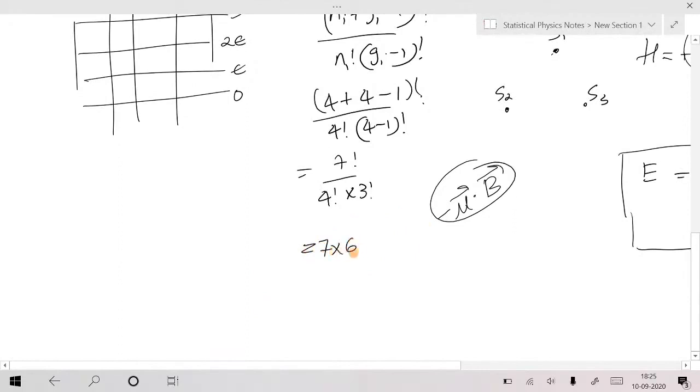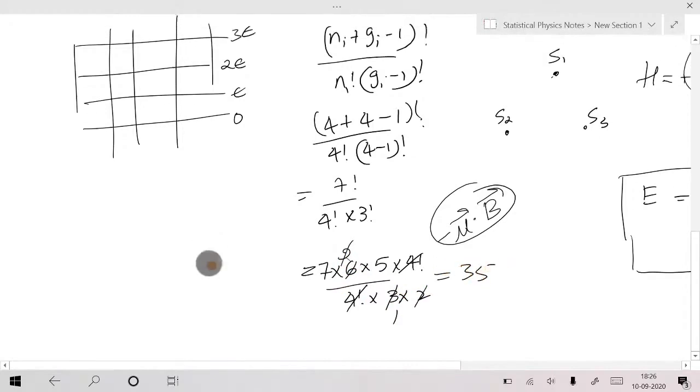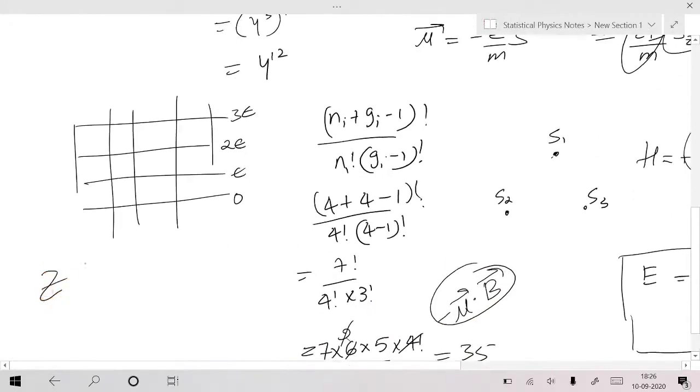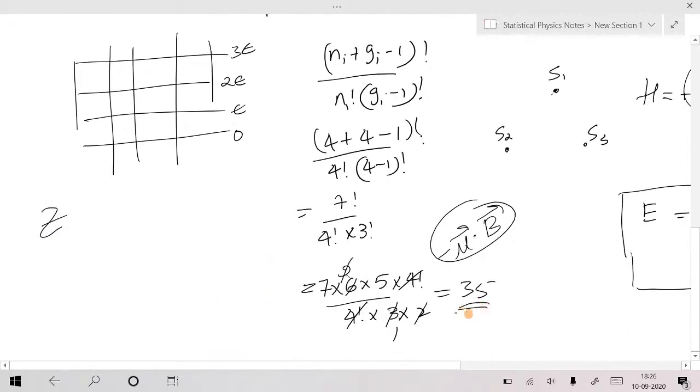7 into 6 into 5 into 4 factorial, divided by 4 factorial into 3 factorial. 3 factorial I can write as 3 into 2, the 3 and 2 cancel, and we get 35. Don't try to find Z here, because you got 35 possibilities.